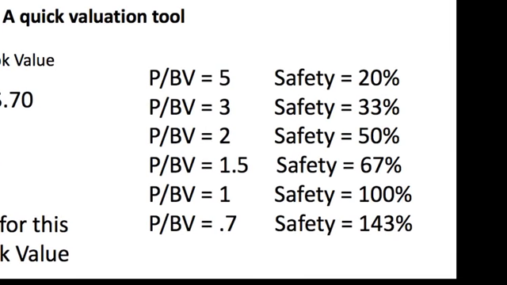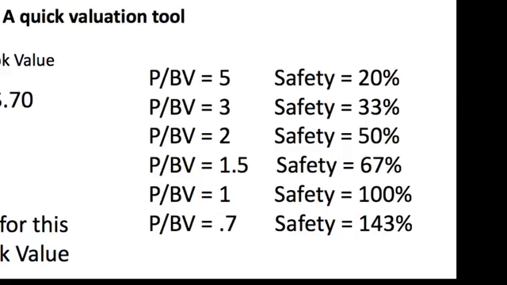If you had a company with a price to book value of 5 on the ratio, that means only 20% of what you're buying that company for is equity. Let's say it was a $100,000 business, only $20,000 is going to be the equity in the business. So if you bought it for $100,000 and you needed to end the business today, you'd only get $20,000.